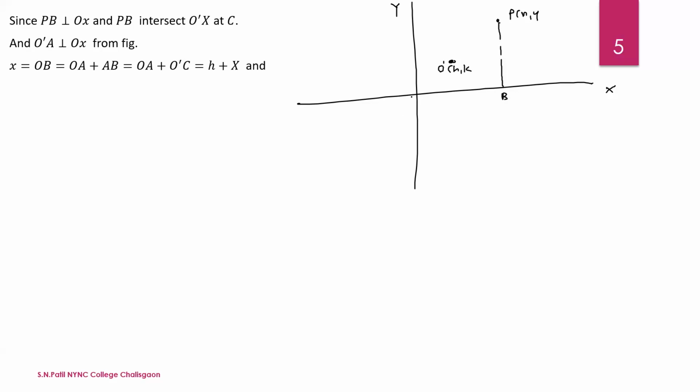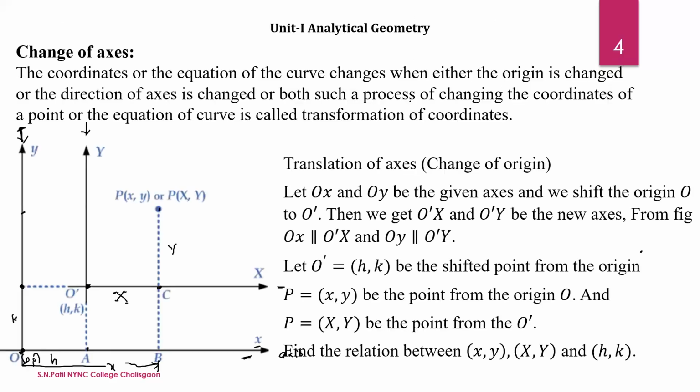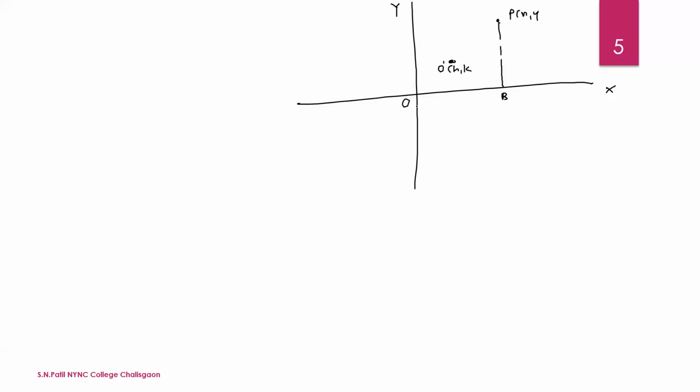This is the point B, and this is the point O. The distance of the point P: this is the x distance and this is the y distance. Now we shifted the origin to the O dash point. This is capital X and this is capital Y. Now at the point C, we consider capital X, and from C to P, capital Y.